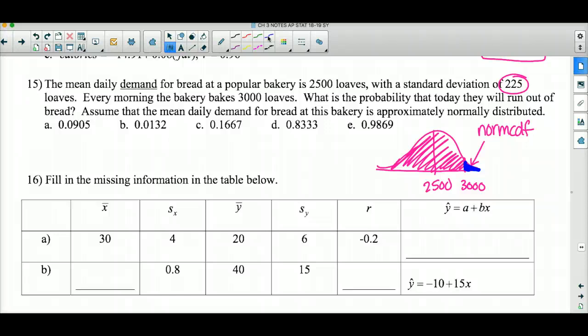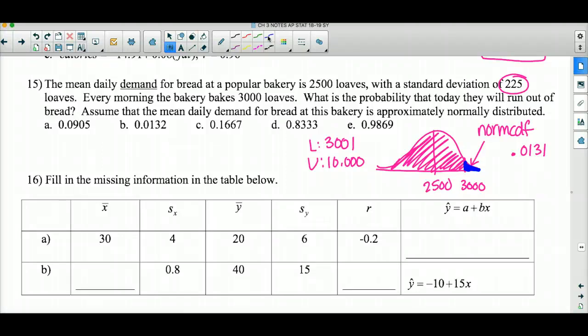Paste. Now, I got 0.0131. I might need to make my lower 3,001, my upper 10,000, but I don't think it's really going to matter. Because if 3,000 loaves are purchased, we have enough bread, right?